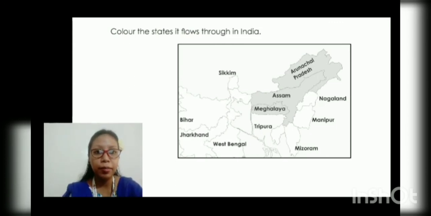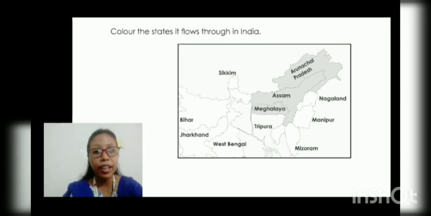These are the main map readings from your lessons, so try to study all the maps. It's not necessary that only what is written here will come; there will be a lot of changes in the question also. The next thing is to prepare the outline of the map.